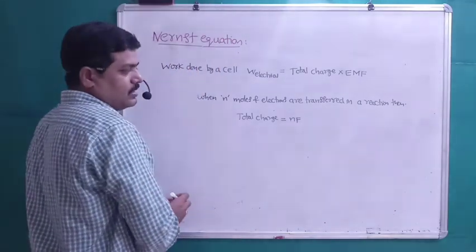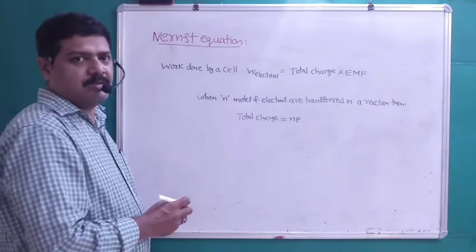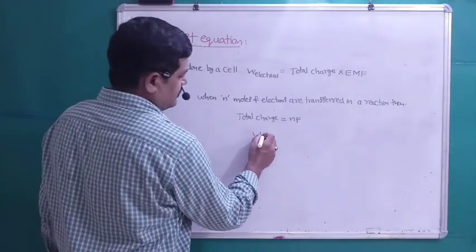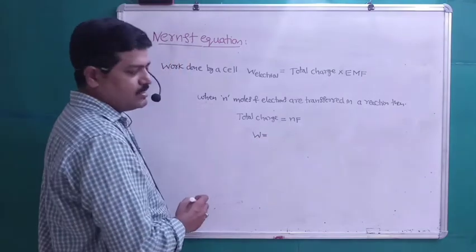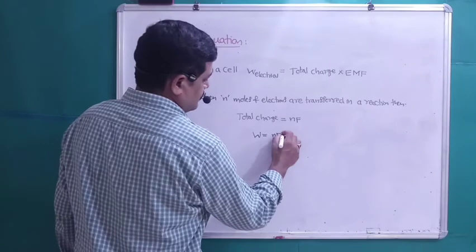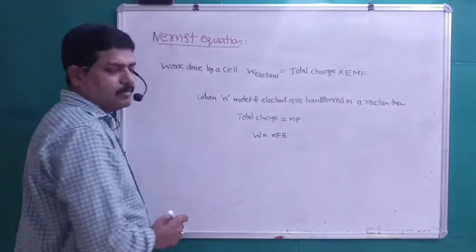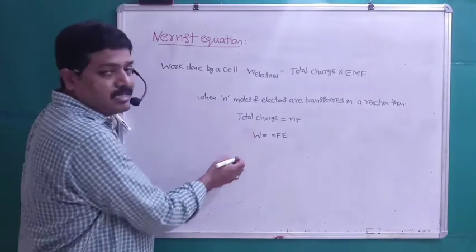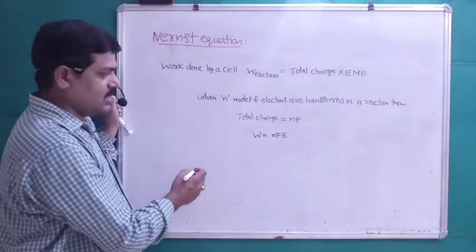We know F is equal to 96,500 coulombs. So W electrical is equal to nFE. For any system, the work done by the system is equal to the decrease in Gibbs free energy change.